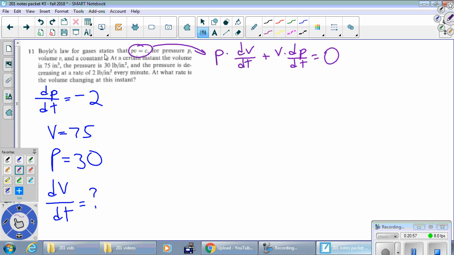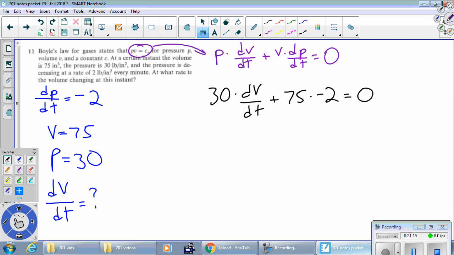Okay, and this is most excellent because look, we've got 1, 2, 3 things we're going to plug in, and the fourth thing is the unknown, and we're just plugging straight into this one. This is the easiest one so far. Okay, so P is 30 times dV/dt, that's my question, plus the V at this moment in time is 75, times dP/dt is -2.